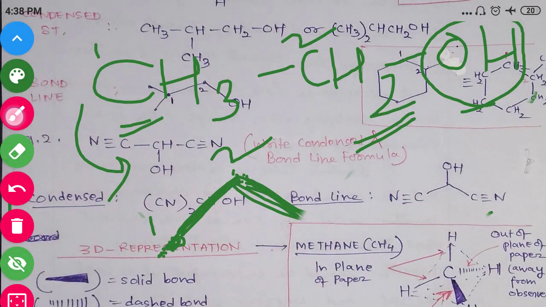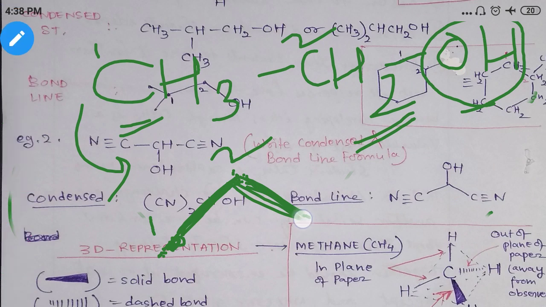The examiner will think that this is also carbon. So you have to write the OH. Otherwise, the examiner will think that that is also carbon, because I have already told you that carbon is not shown in the bond line formula, and neither is hydrogen. Other atoms you have to show in the bond line formula. I hope this is clear.